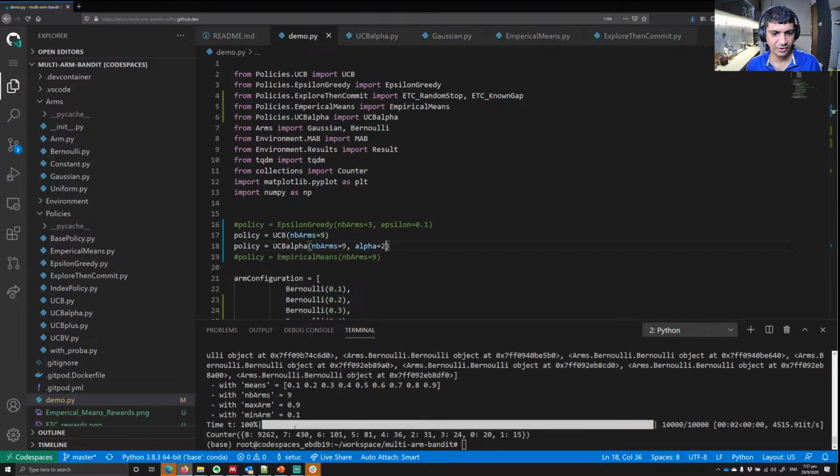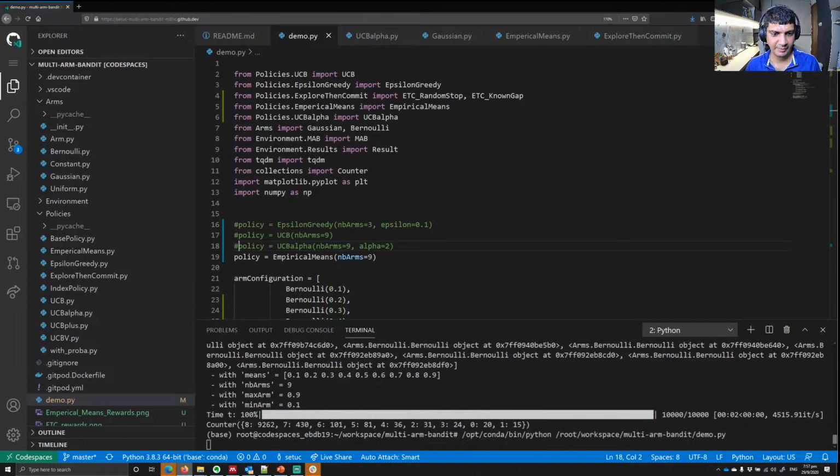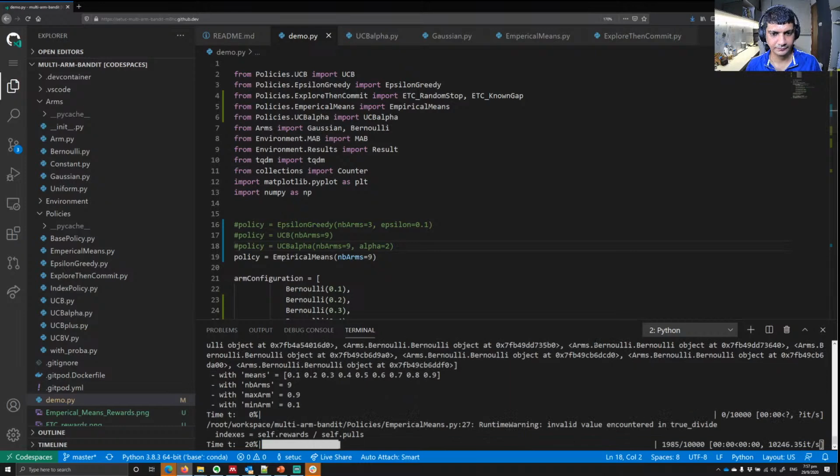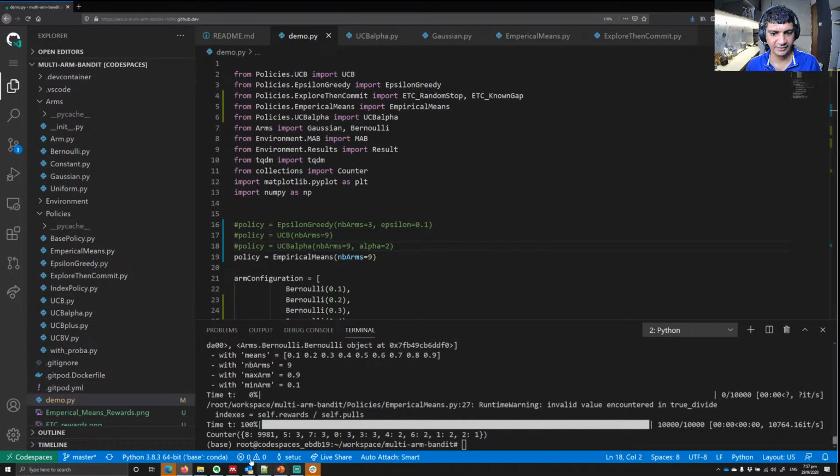All right, these numbers are slightly varying, so you will see changes every time you run through this. But that's the gist. Now let's do our empirical means and see what we get. Let me just remove these policies and let's run empirical means.